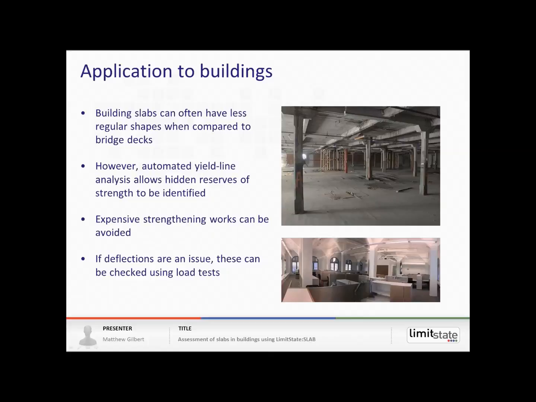And in the context of buildings, which is the topic of interest today, that's potentially particularly an issue because very often we have a wide range of complex or irregular shapes in our buildings, more so probably than in the case of our bridges.